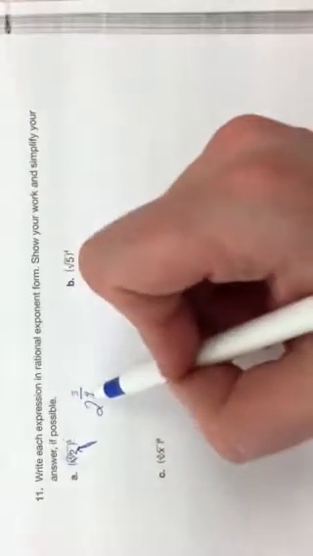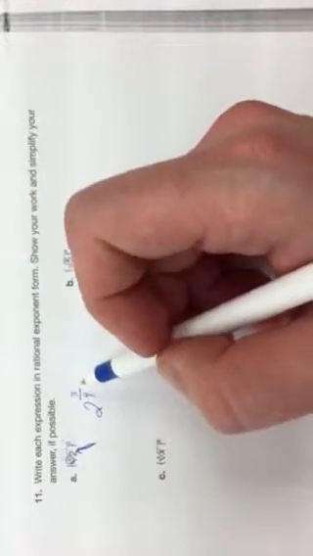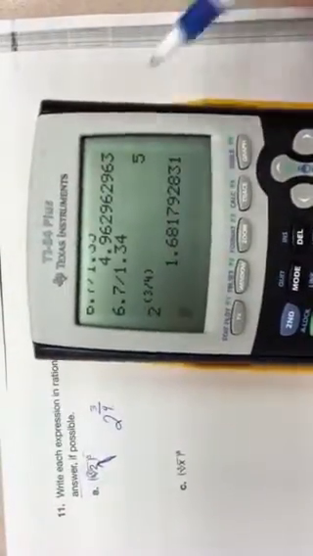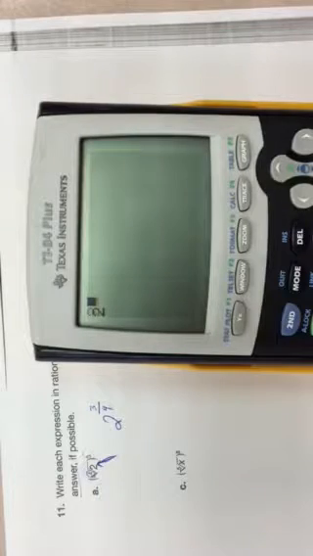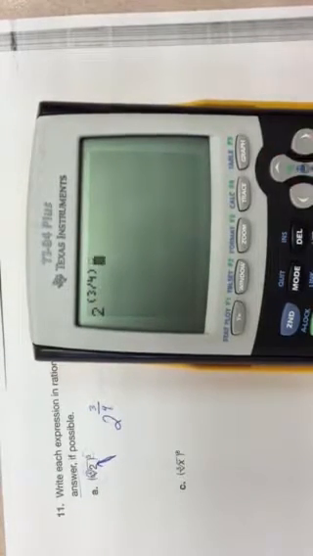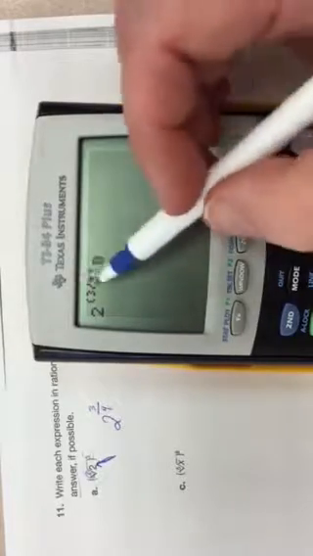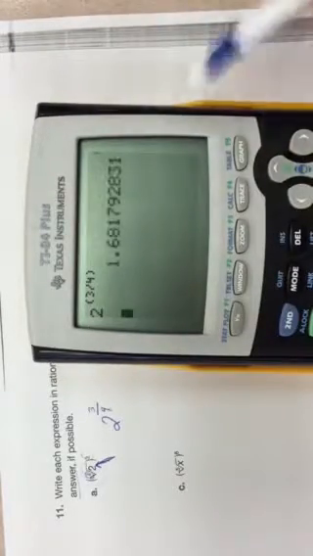But the only thing is that the 4th root of 2 is an irrational number. So when it says simplify the answer if possible, I want you to notice something. I went ahead in my calculator and raised 2 to the 3/4 power, right? I can do that, 2 to the 3/4 power. And I just used my division sign to create that fraction bar and hit enter.